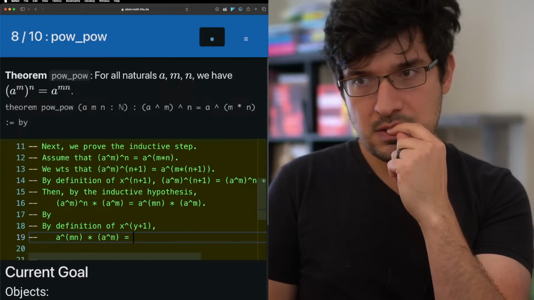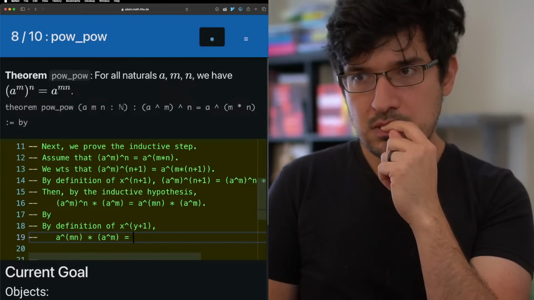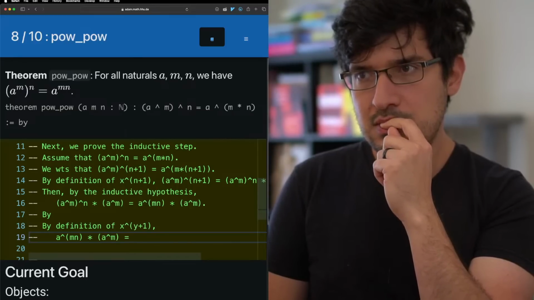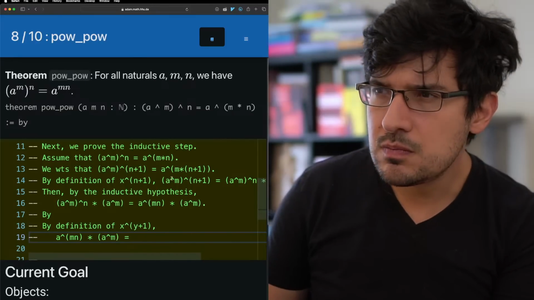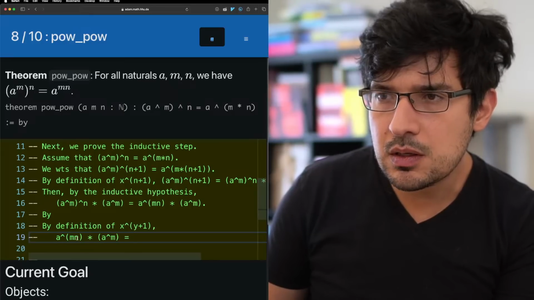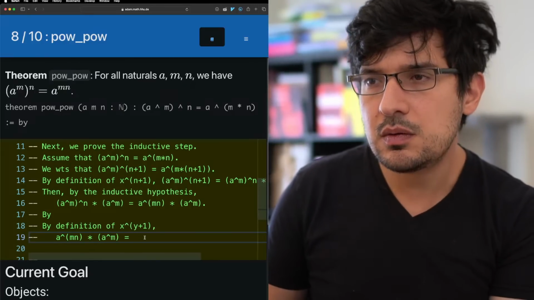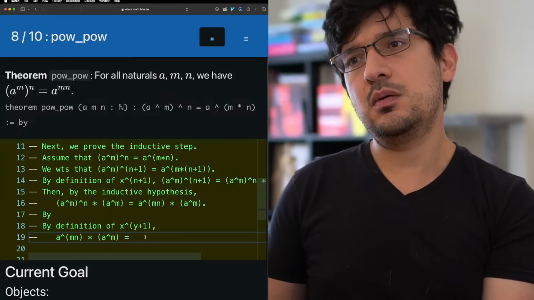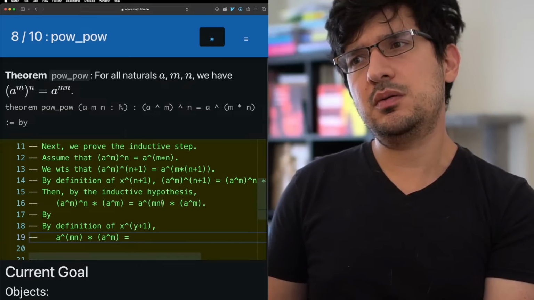I keep feeling like we already... Shoot! A raised to the mn times a to the m. Keep wanting to go one backward to something that we already had.